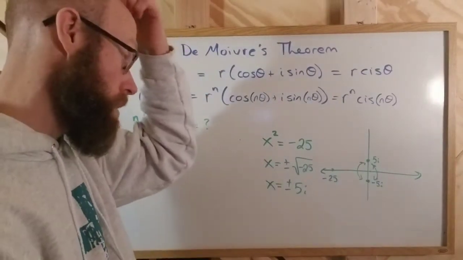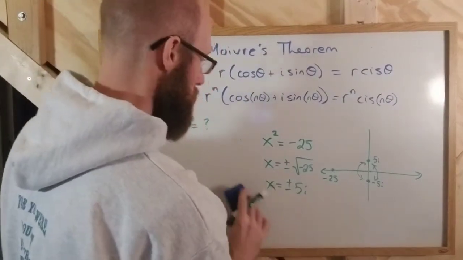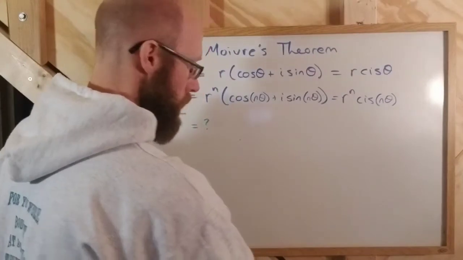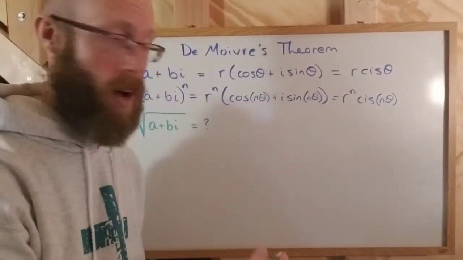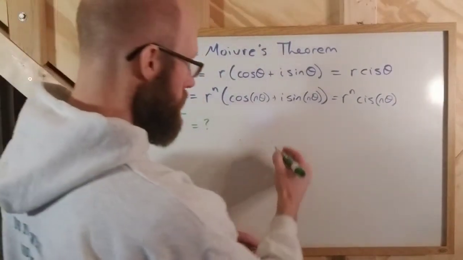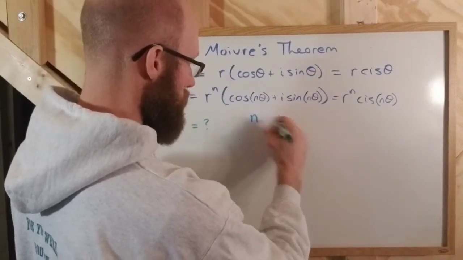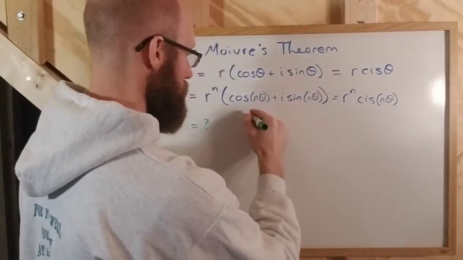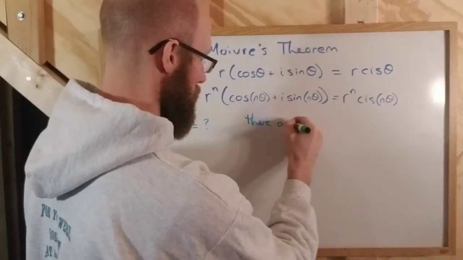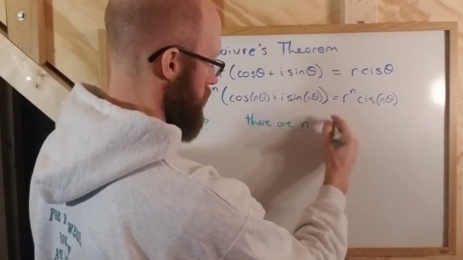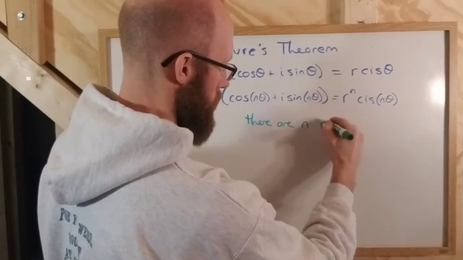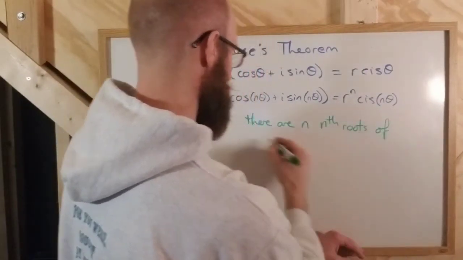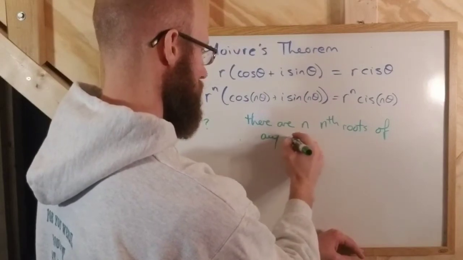In fact, there's a property of roots of complex numbers that I'm not going to get into the proof of, but just to verify, if you're looking for the nth root, there are n nth roots of any complex number.